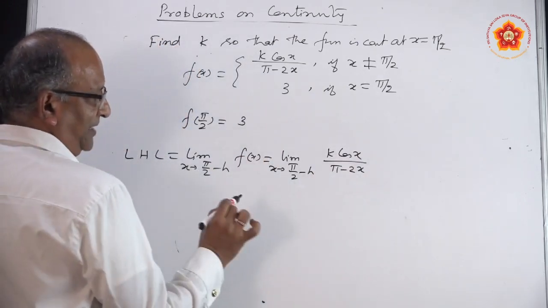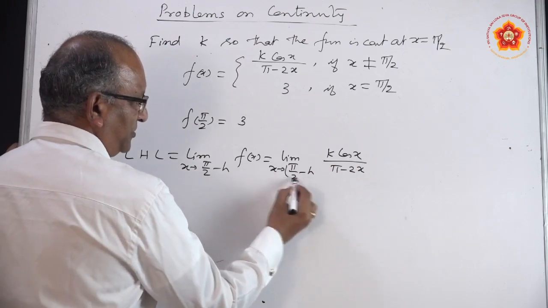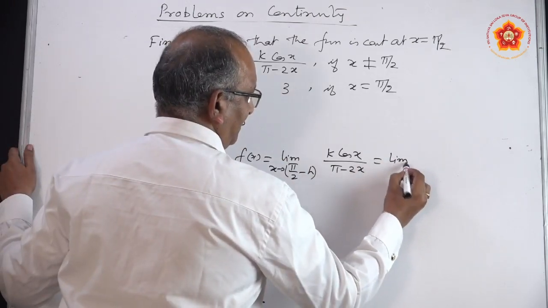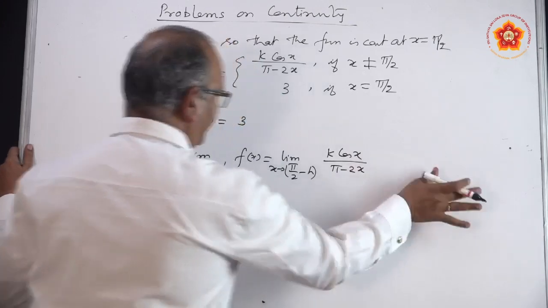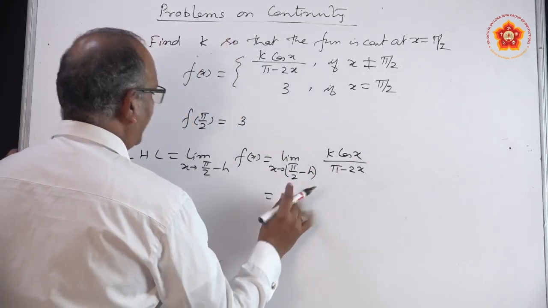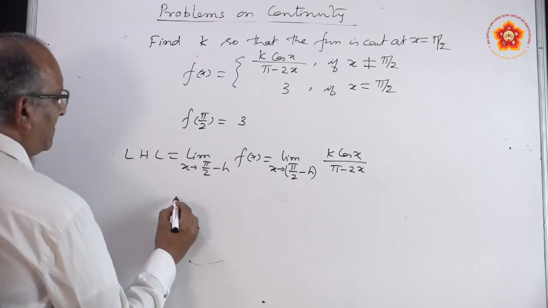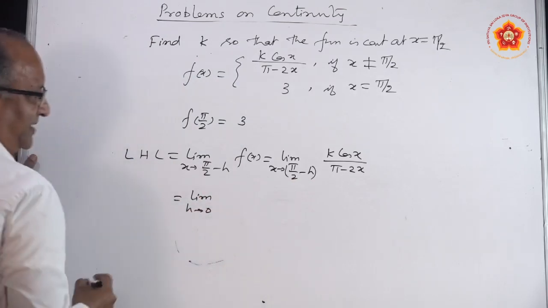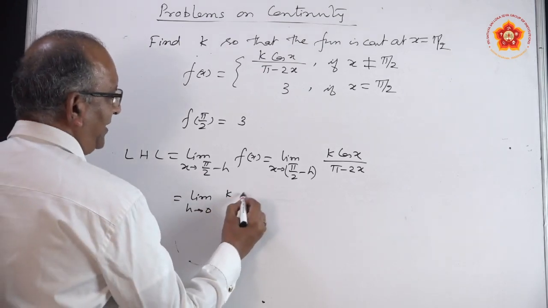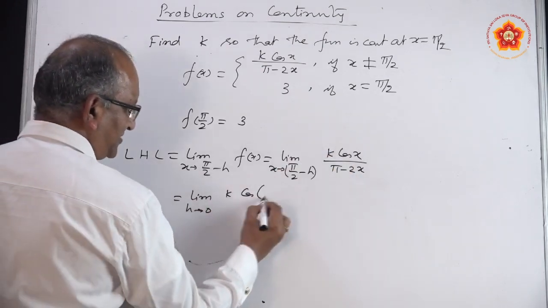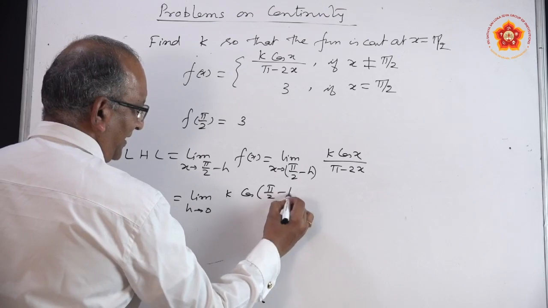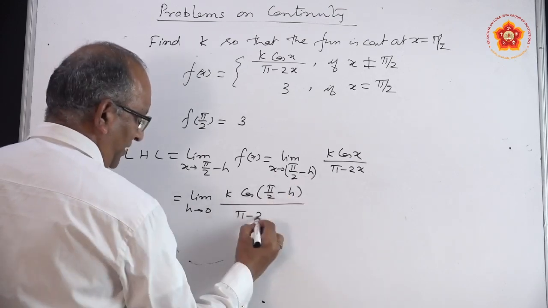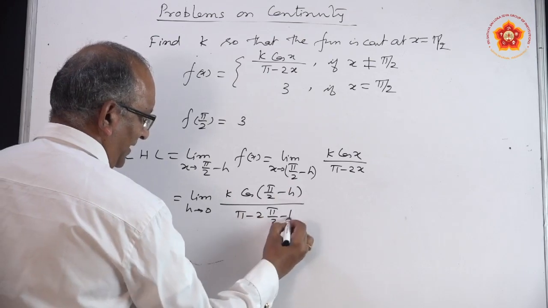Proceed basically means that in place of x substitute this. So, it is limit h tends to 0, k cos, in place of x you write pi by 2 minus h upon pi minus 2 into pi by 2 minus h.